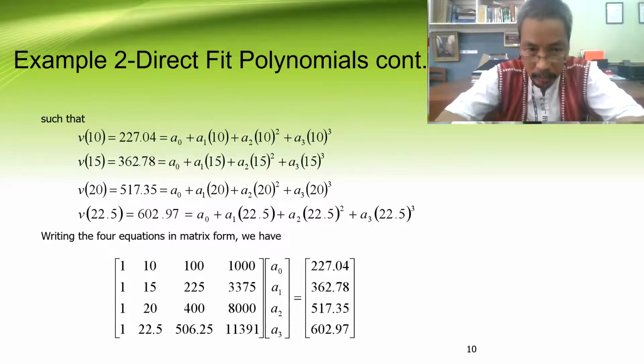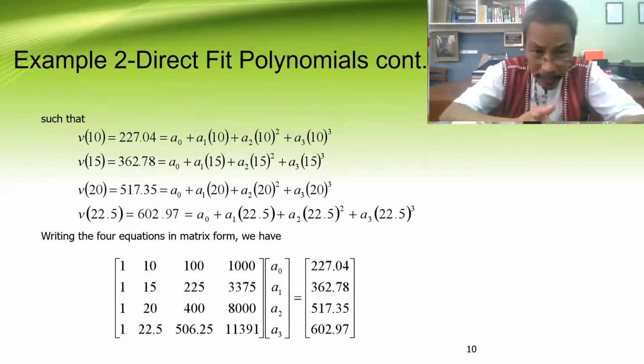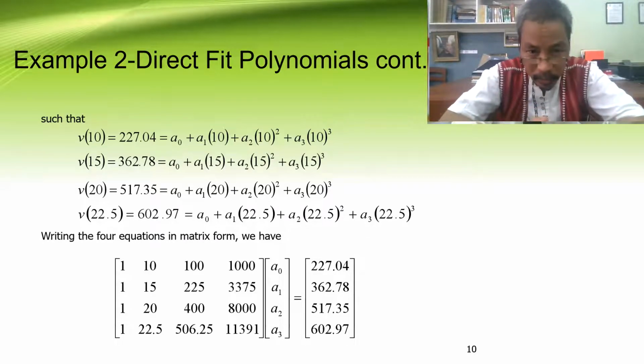In the first matrix, the first row 1, 10, 100, 1000 are the coefficients of the variables A0, A1, A2, A3. For the second row, 1, 15, 225, 3,375, those are also coefficients. So all of these numbers in the matrix are coefficients of the equations.